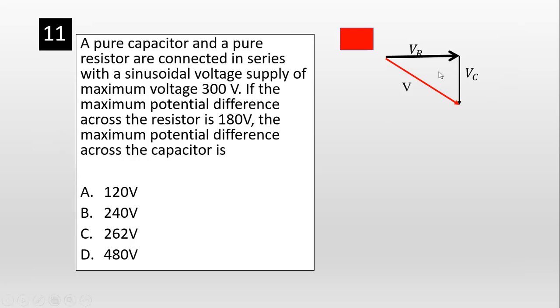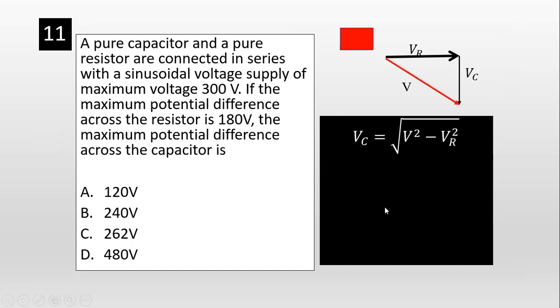So you know how to draw the phasor diagram. I don't know why you don't know how to calculate. Phasor diagram is just a vector diagram. So use vector to calculate, Pythagoras theorem. You want to find VC is square root of V square minus VR square. Put in your value. There's the supply, there's across the resistor. Calculate out.